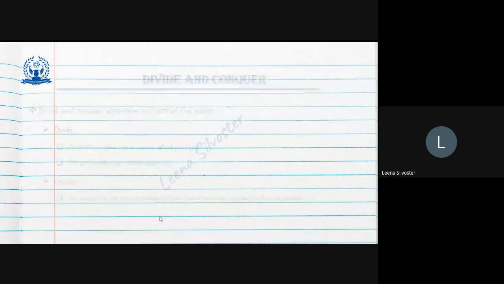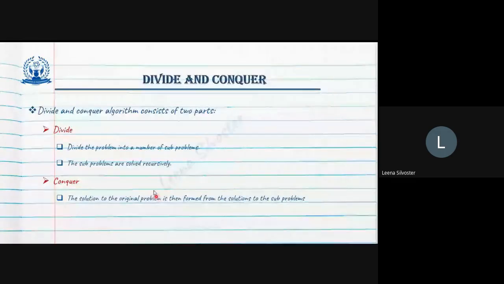So first of all, divide means we will divide the problem into subproblems, and next step is finding the solution of subproblems. Then after that we have to conquer, means we are combining the solutions. We have small solutions. We have to combine all the small solutions into a single solution.